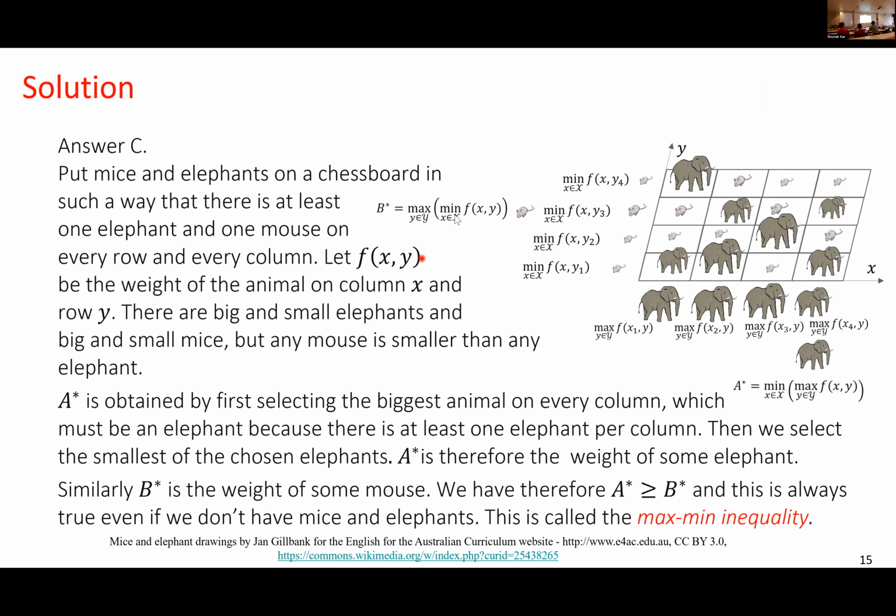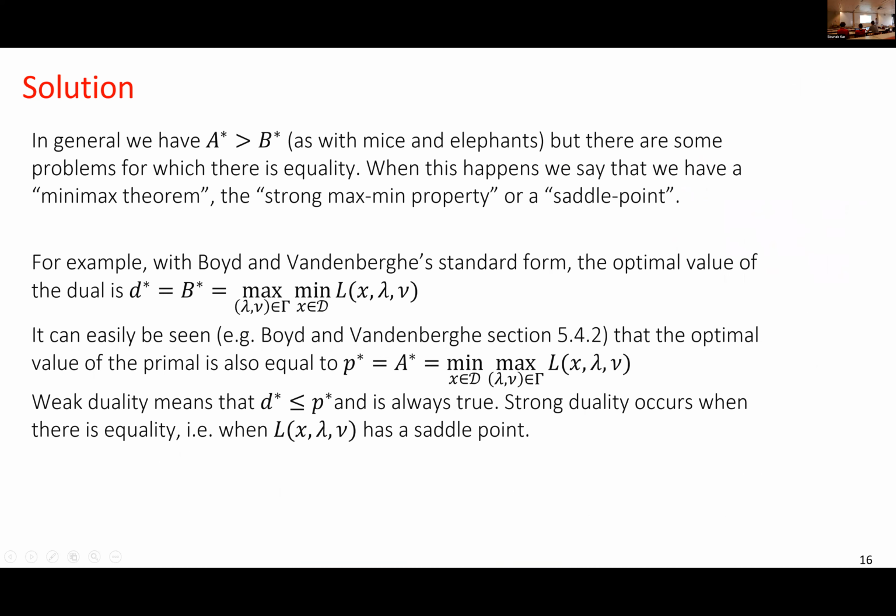Okay, so we see here the max-min, which is this mouse, a large mouse, and the min-max, which is a small elephant, but it's still there. It's related to saddle points and duality. In fact, when we compute the dual value of an optimization problem, we find the solution of the dual optimization problem.